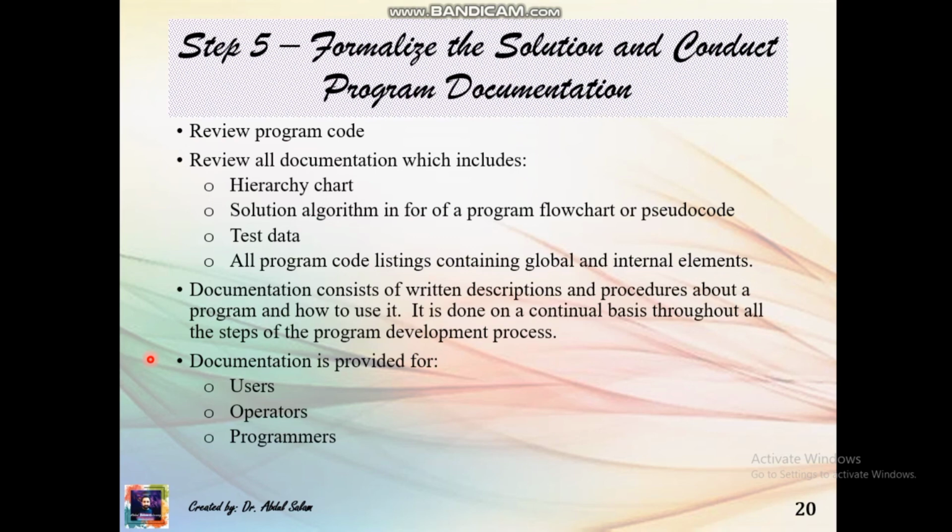Documentation consists of written descriptions and procedures about a program and how to use it. It is done on a continual basis throughout all the steps of the program development process. Documentation is provided for users, operators, and programmers.